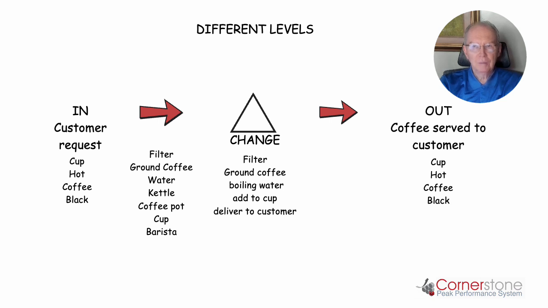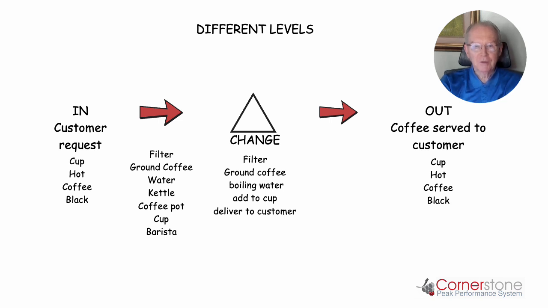Let's use a simple example. The customer, in this case maybe your spouse, wants a cup of hot coffee black. You use various resources: a filter, ground coffee, water, kettle, coffee pot, cup, and maybe you're going to be the barista.